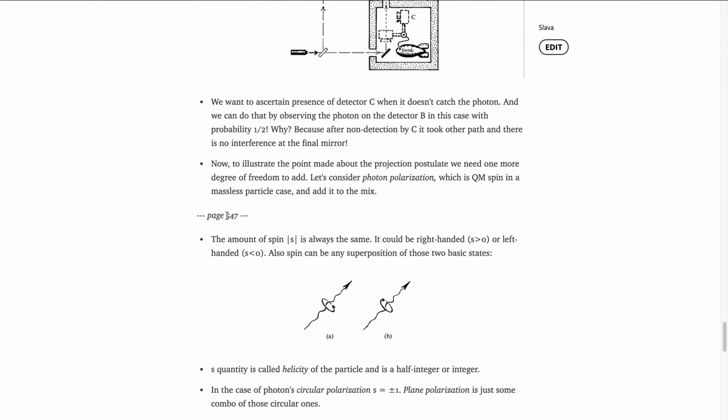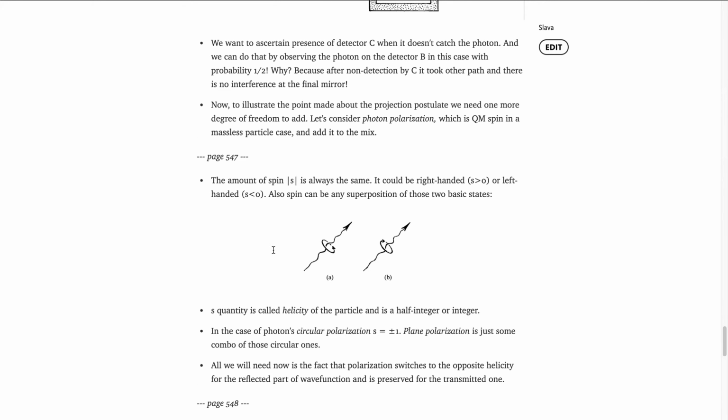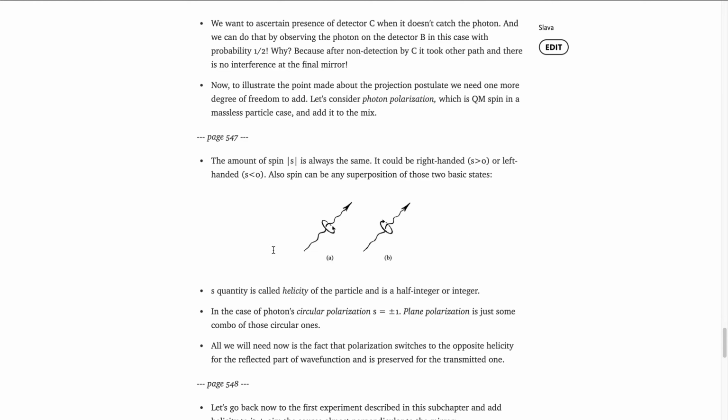And then on page 547, Penrose talks about the spin in basic terms, and he says that the amount of spin, the modulus or absolute value of S, is always the same, and it could be right-handed if S is greater than 0, or left-handed if S is less than 0.